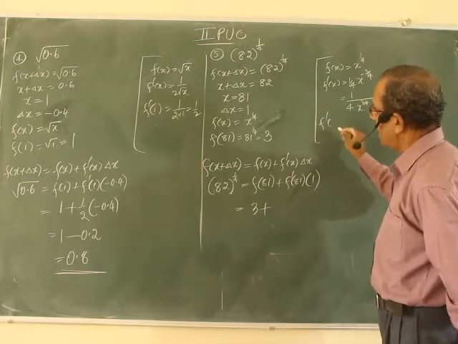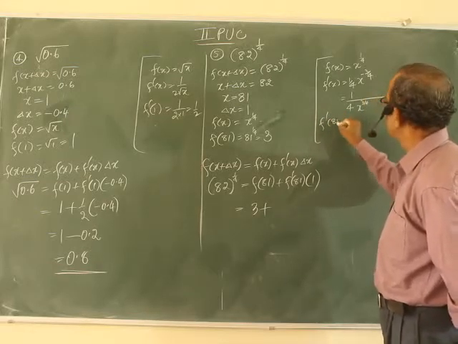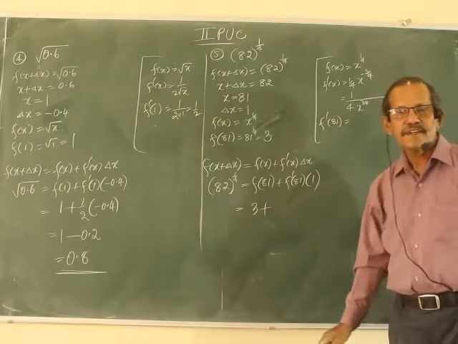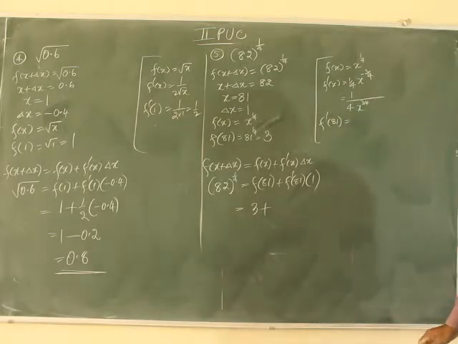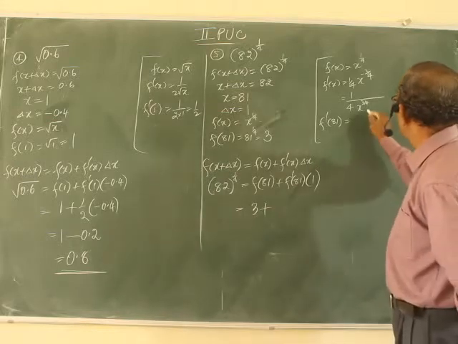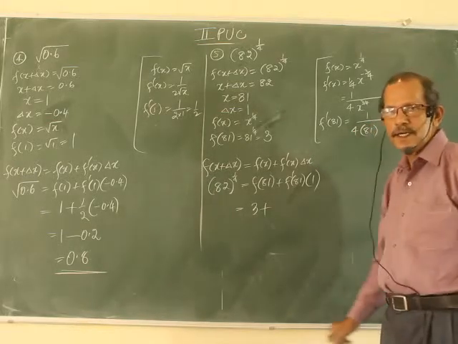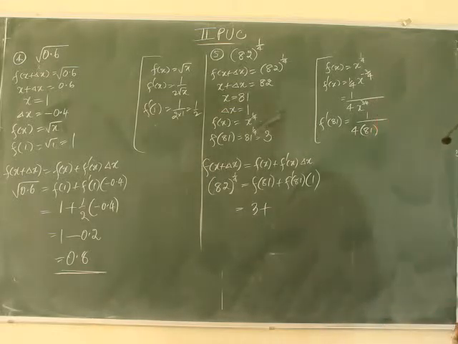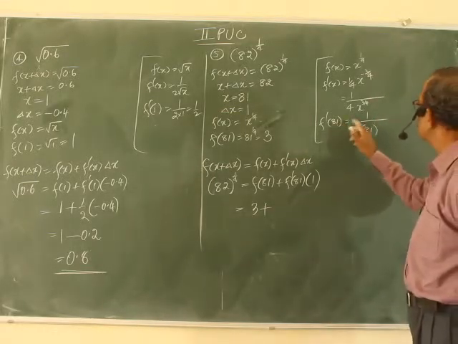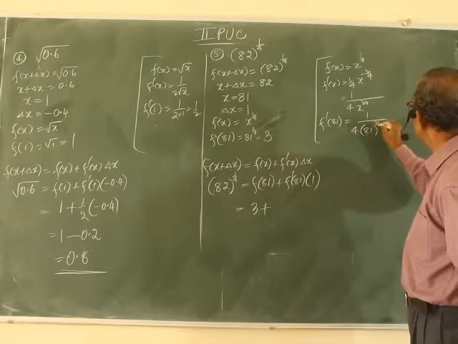What about f dash of 81? f dash of 81 is 1 by 4 into 81 to the power 3 by 4.